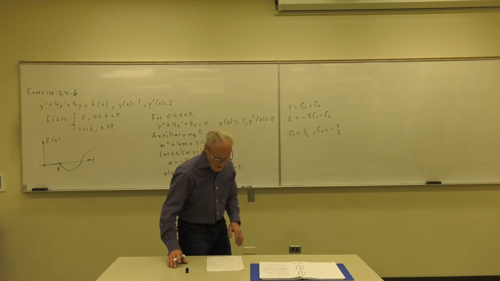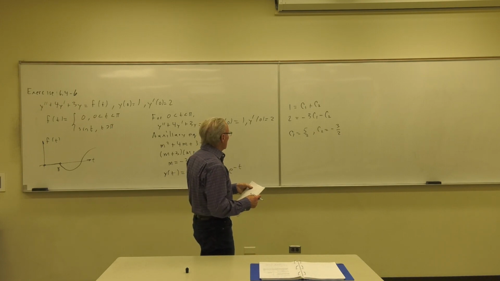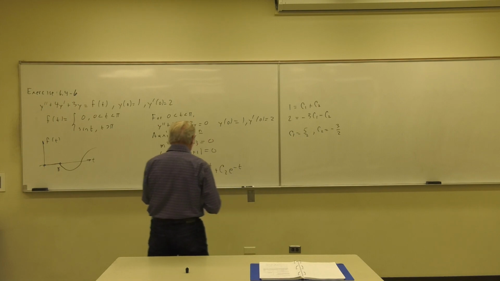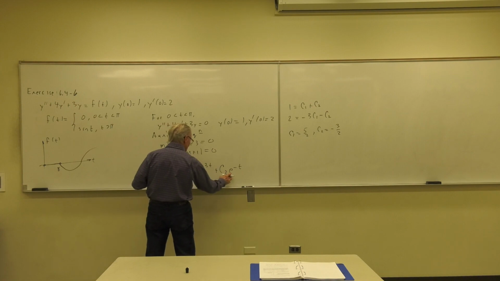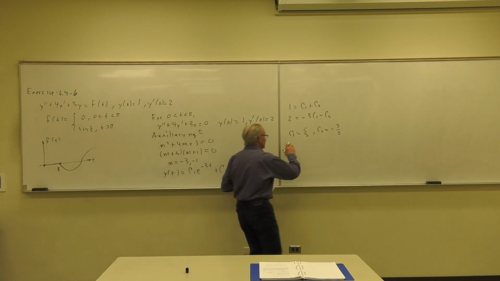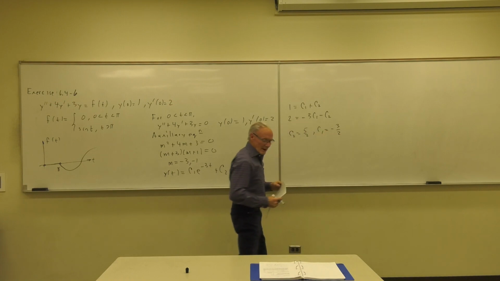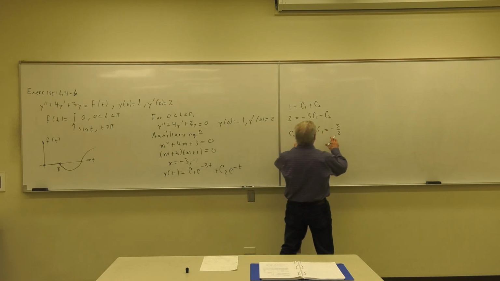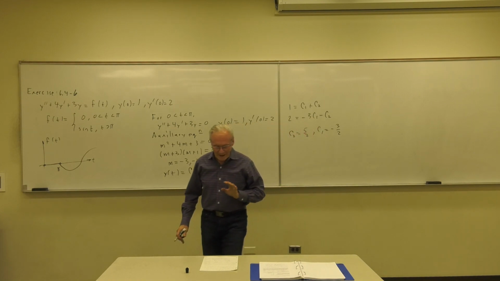Oh, wait a minute here. I put them in the reverse order. I put this one as c1 and I put that one as c2. So I assume then that this one's got to be c2. And that's a good thing I checked. Now let's check those. If I add them together, I still get 1. Good. Then if I take minus 3 times this one, that gives me 9 halves minus 5 halves. That's 4 halves. Good. Glad I looked at that.